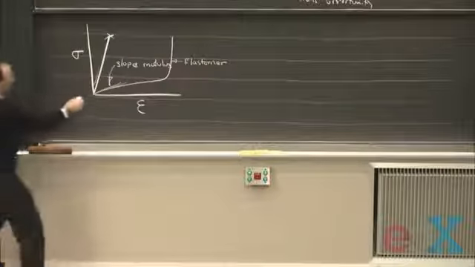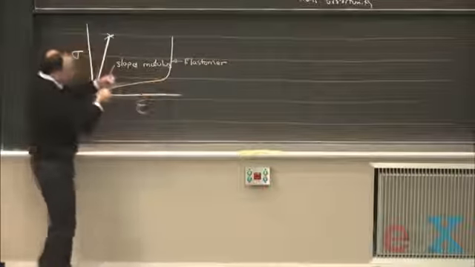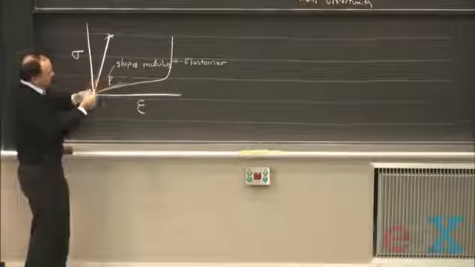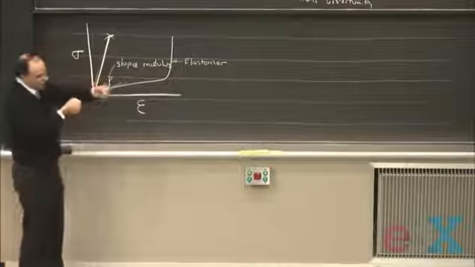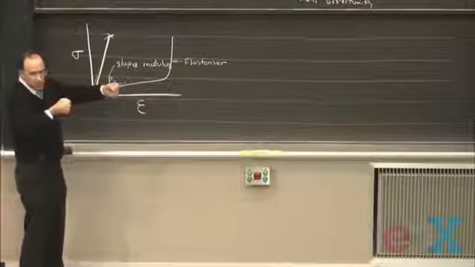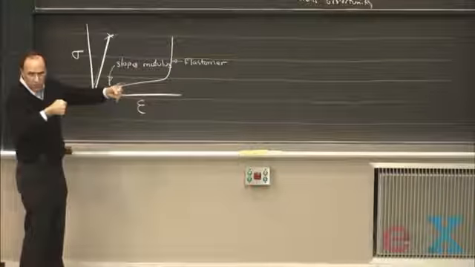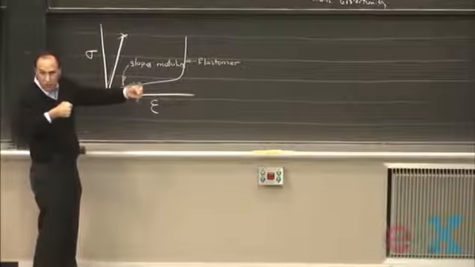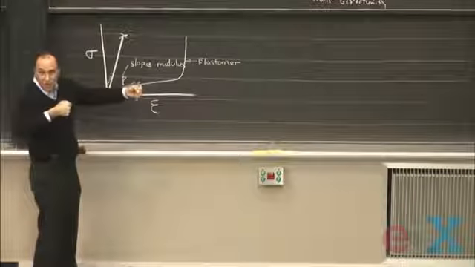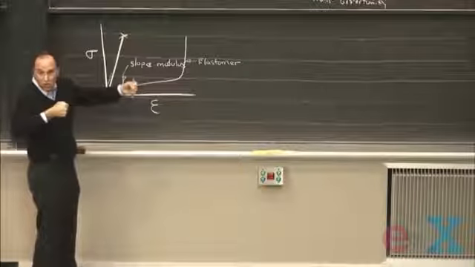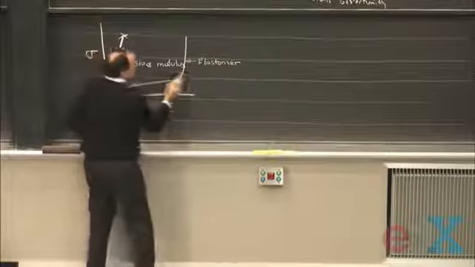Now what's happening here is, as I'm down here, as I pull, I can rearrange these polymer molecules. They're mobile. But at some point they're straight, and they're so entangled you can no longer move them. And so it just takes off.